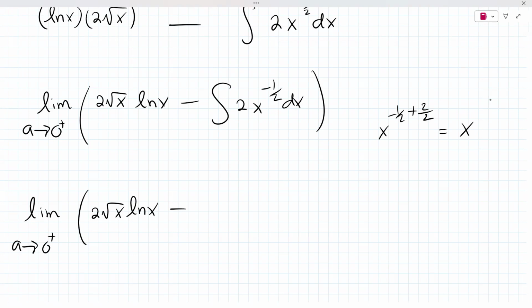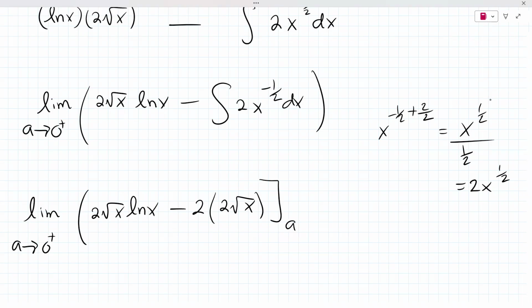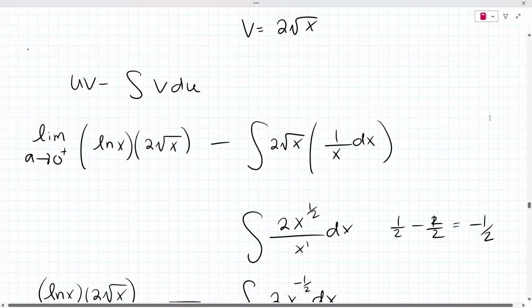It's going to be x to the 1/2 over 1/2, which is 2x to the 1/2. And then we're going from a to 4.